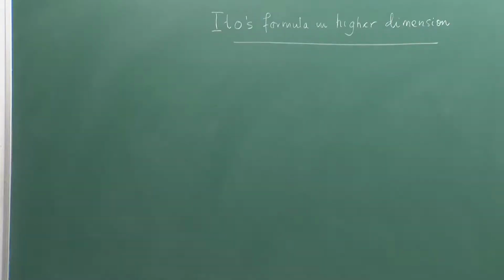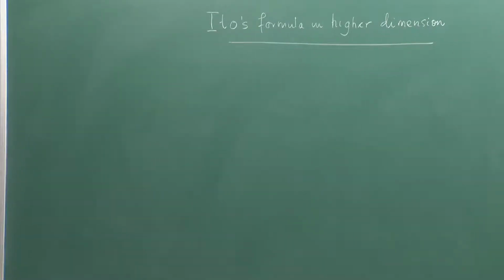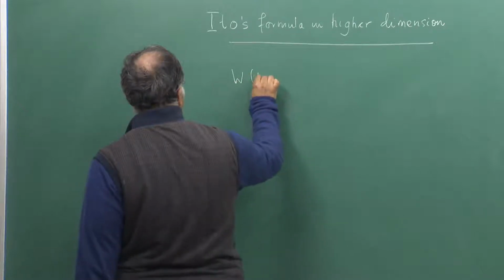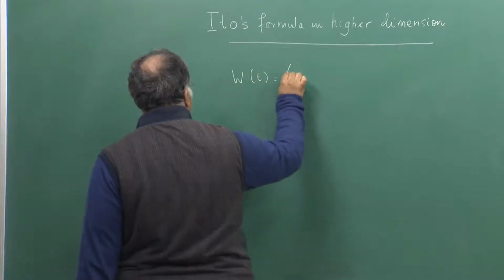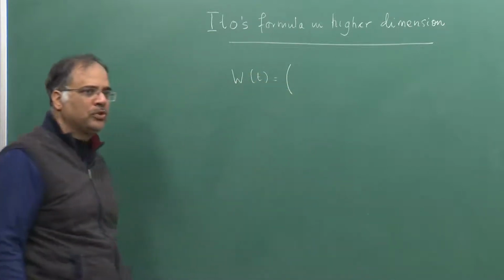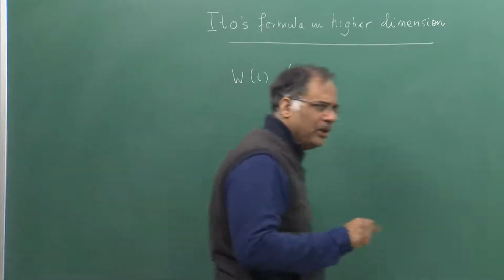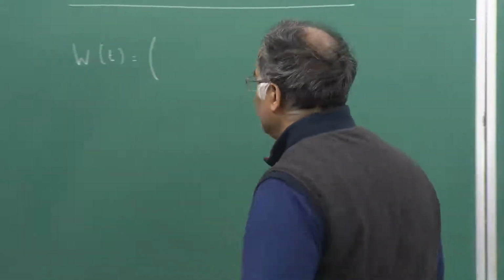In doing so, we need to talk about Brownian motion in higher dimension, that is a Brownian motion vector, that at every time t, the Brownian motion is not just a random variable, but a random vector. We have spoken about random vectors very briefly during our very first discussions of probability.